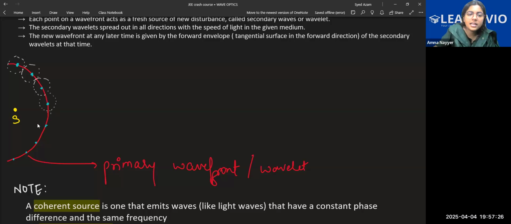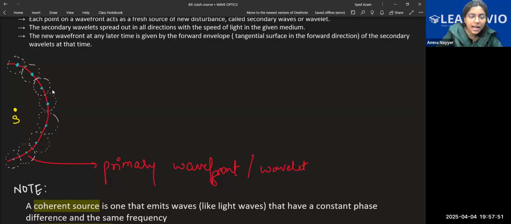This is what happens according to Huygens' principle: if the source is present, and the primary wavefront is present, every point on the primary wavefront will act as a fresh source of disturbance. So the main source was there. Now you have new sources and these new sources are creating new wavefronts.